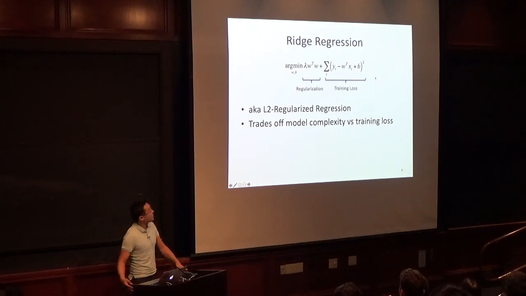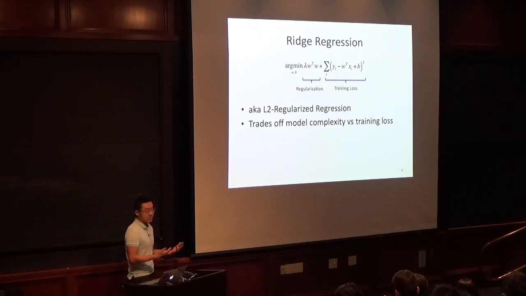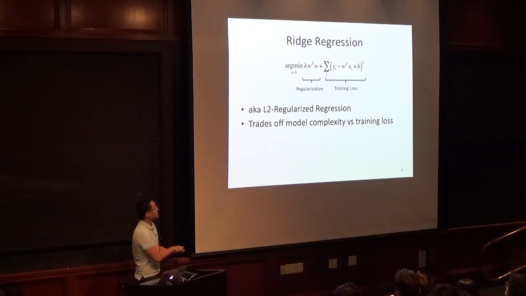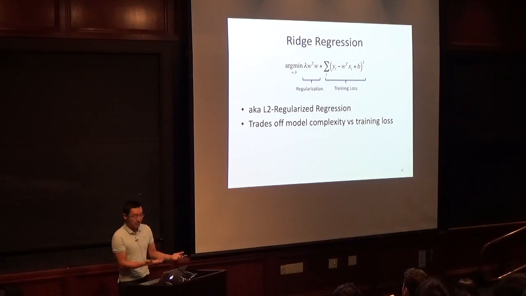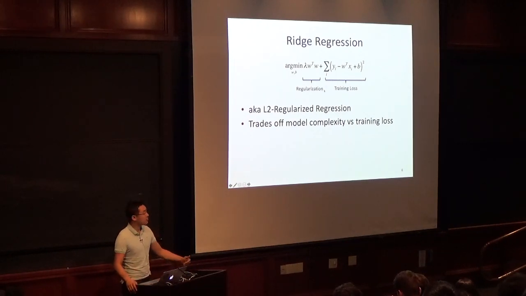Now, this particular learning objective is the sum of the original loss function that we've been thinking about for the entire course so far, plus this other term, which is lambda times W transpose W, which is the squared L2 norm of W. And so this second term is what people talk about as regularization.